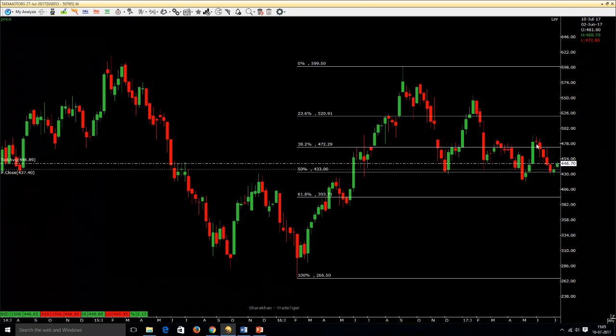And then again, it goes back to 38.2% where it finds the resistance. So that's how, dear friends, you plot your retracement and try to find out the support or the resistance level. And accordingly, you can select your targets for the profits.